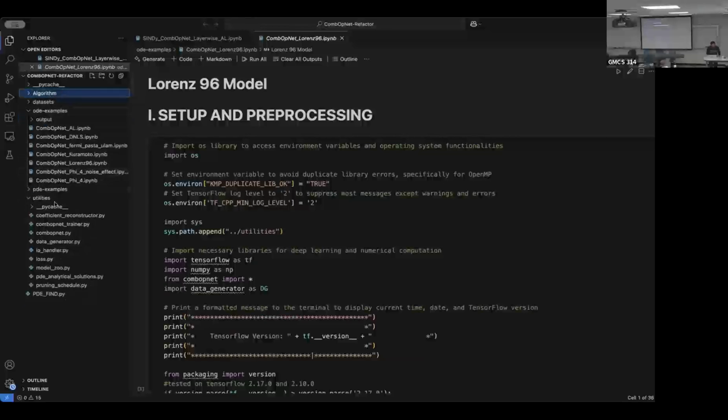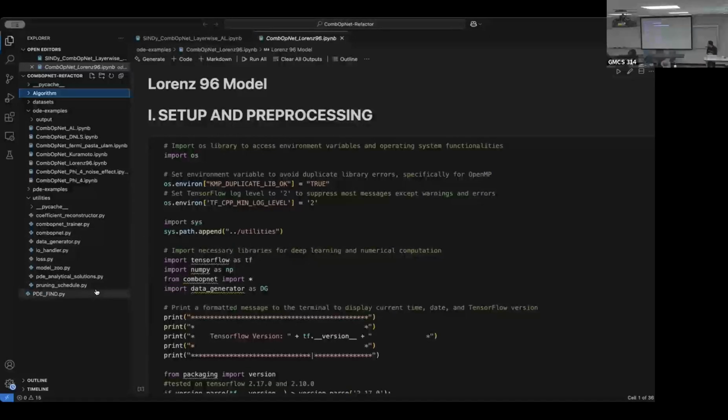We have a utility to reconstruct coefficients, a utility for training, and the network itself. The code is written in TensorFlow. I received some complaints about TensorFlow being difficult to use. Probably I'm going to switch to PyTorch at some point, or maybe JAX. But this is what we have at this time.